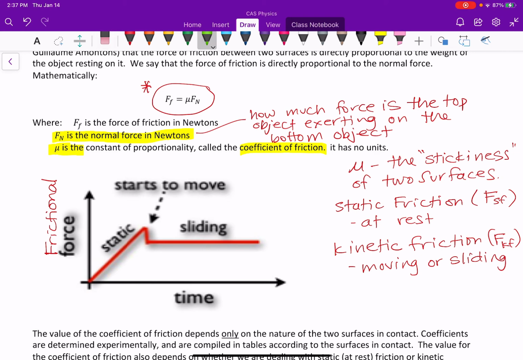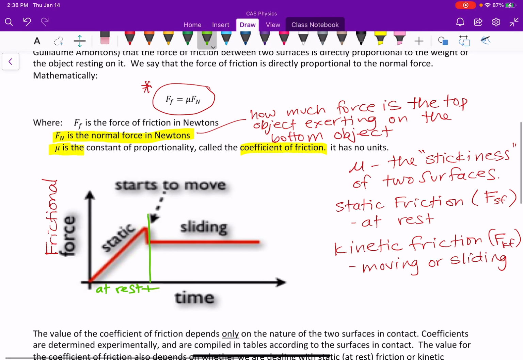So I can say this point marks a delineation. Over here, it's at rest, up until this point, and then over here and further on, it's moving.